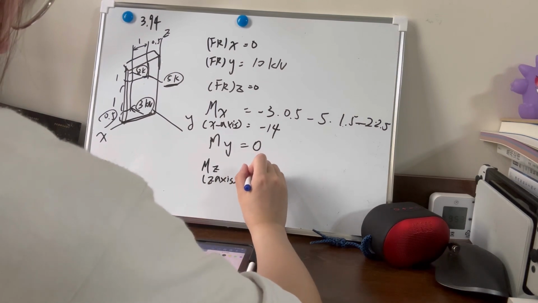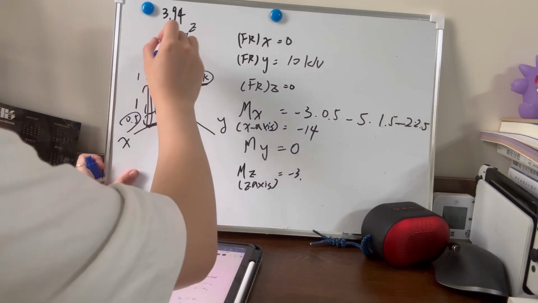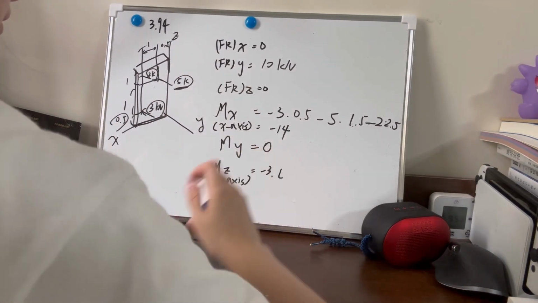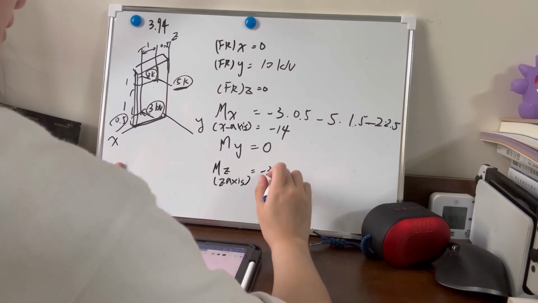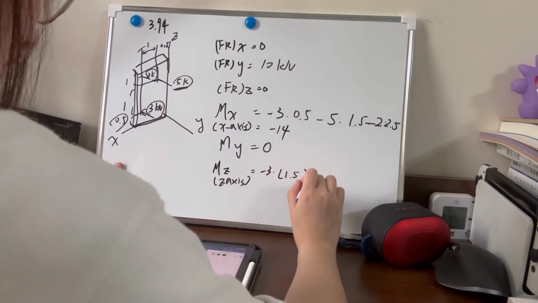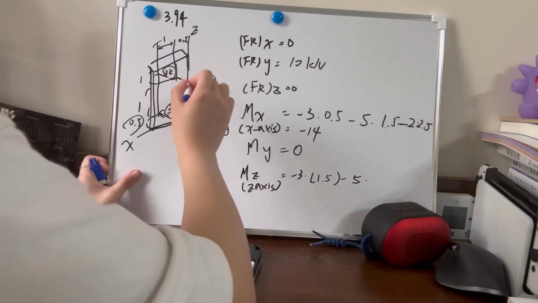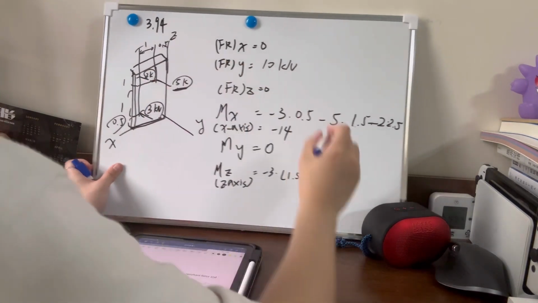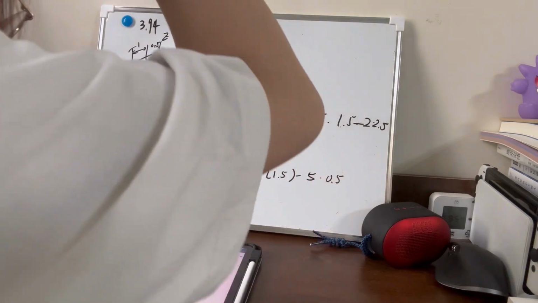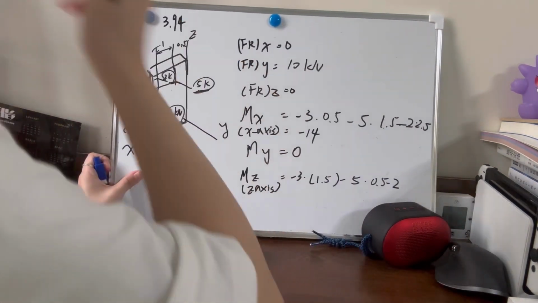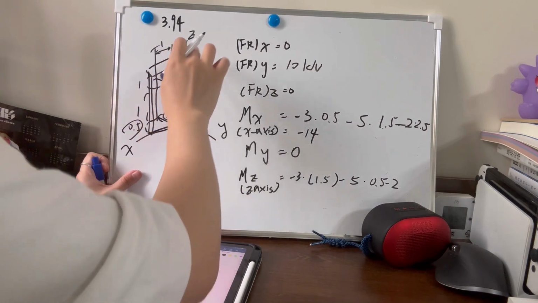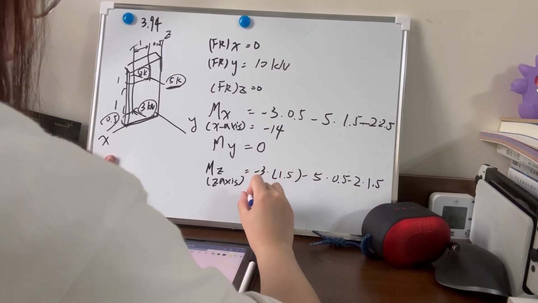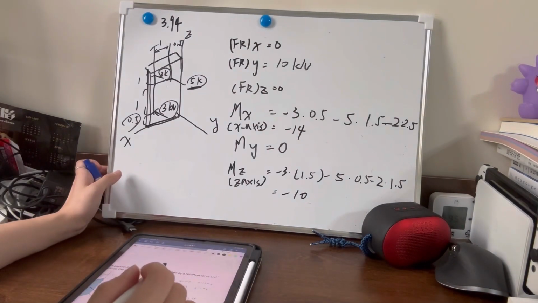It's also 3, and it's our distance here, so it's like times 1.5 minus 5 times 5. The distance of 5 to the axis is 0.5, and the distance of the 2 kN to the Z axis is 1.5. So we know the answer is minus 10.